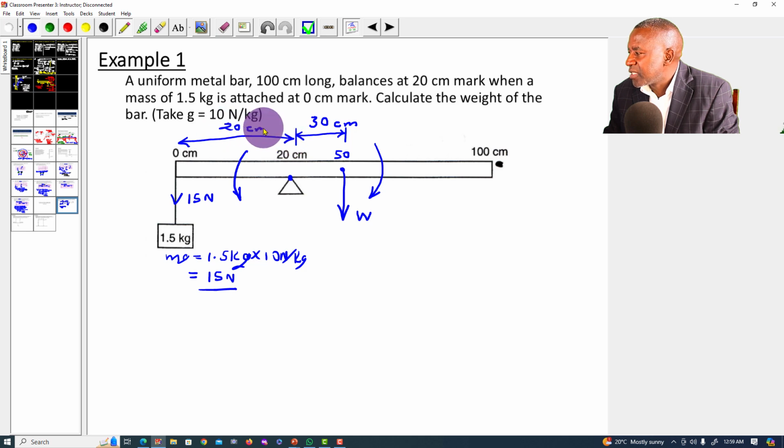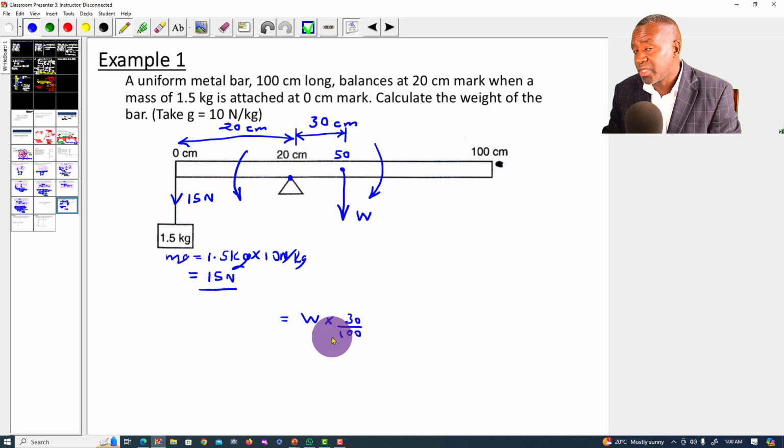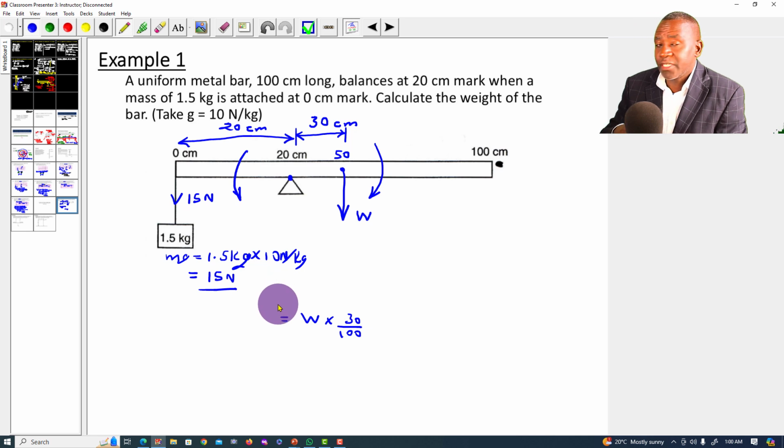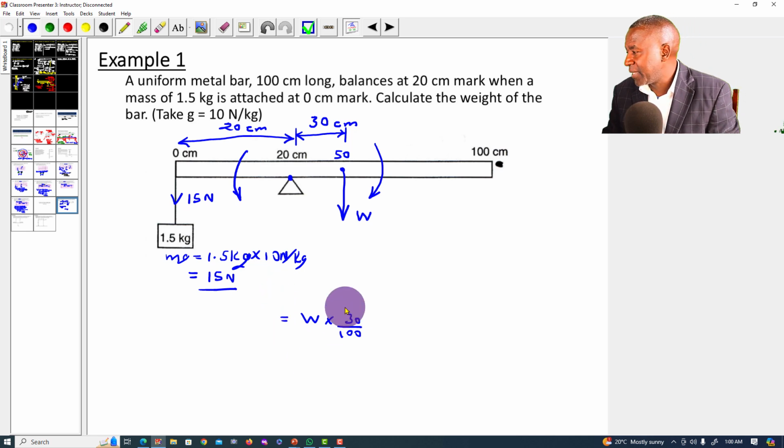So we take moments about the pivot, and we're going to say the sum of the clockwise moments, which is W times 30. I want to convert that 30 into meters, although it is not necessary, because what I do to the right, I also do to the left, so it is as if I never did it in the first place.